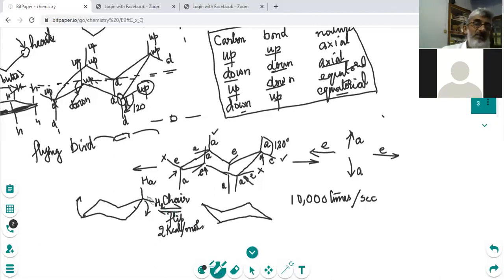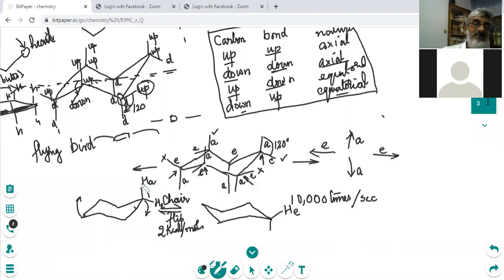Okay. Now this bond is coming down. So let me mark this as carbon 1. Now where does the carbon 1 come here? This is the carbon 1. Now see, if this is bent, the A will become E here.